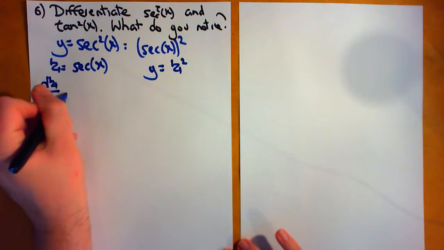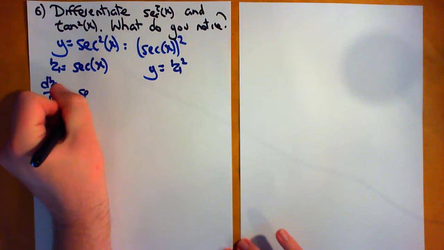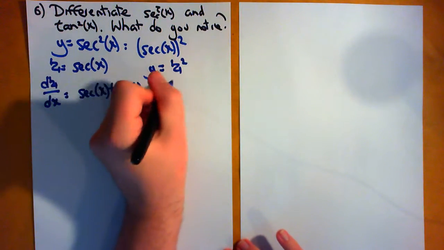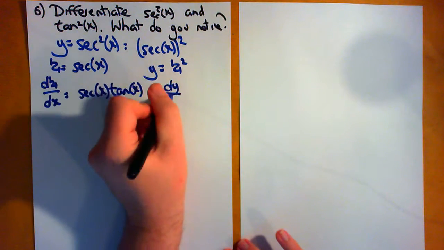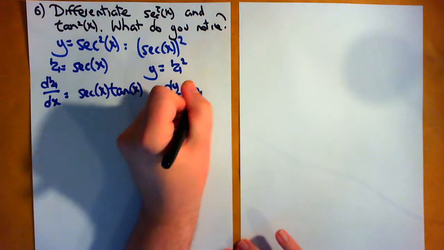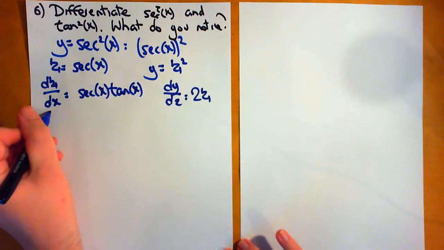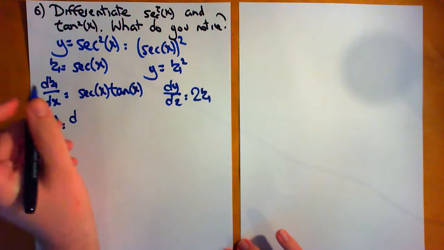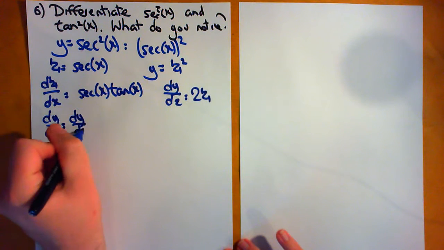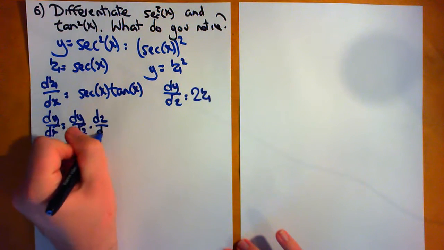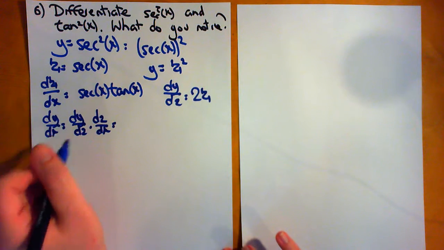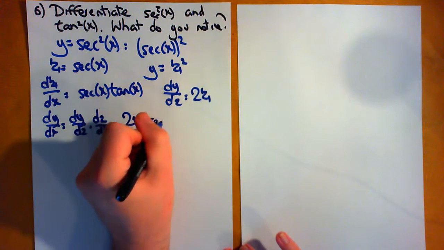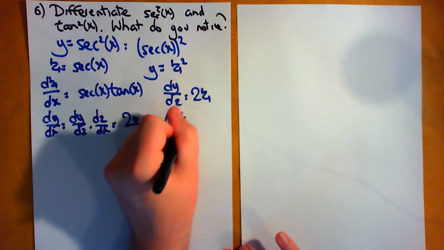So dz by dx is secant differentiates to secant times tan, and if we differentiate y equals z squared, we get dy by dz is 2z. Okay, so that tells us that dy by dx equals dy by dz times dz by dx, which is 2z multiplied by secant of x times tan of x.